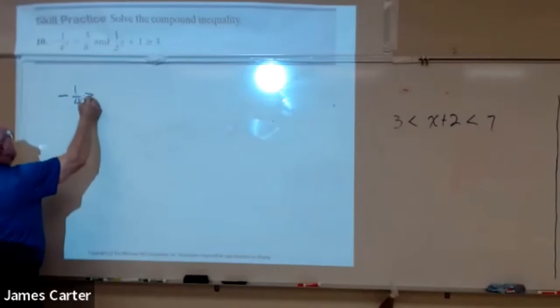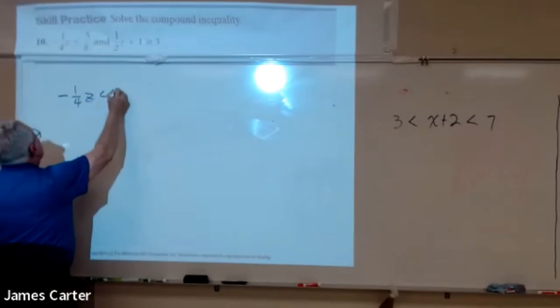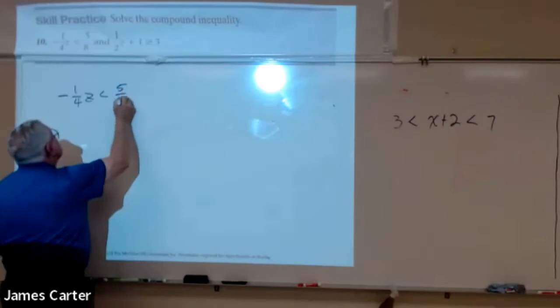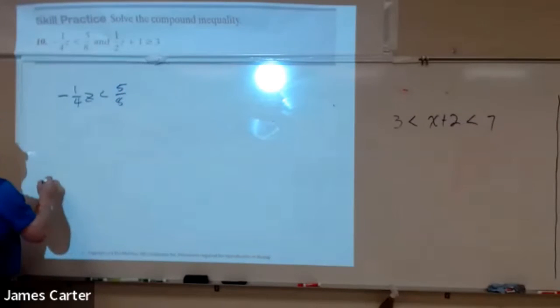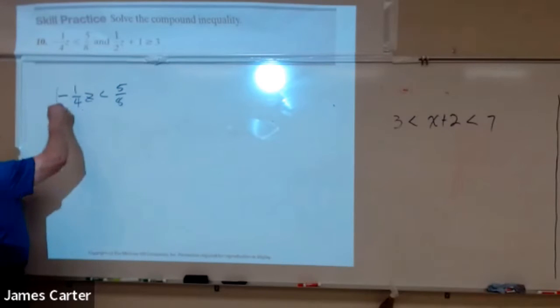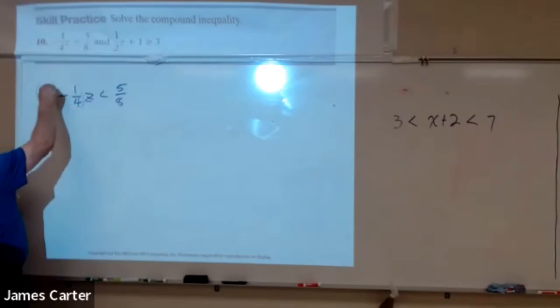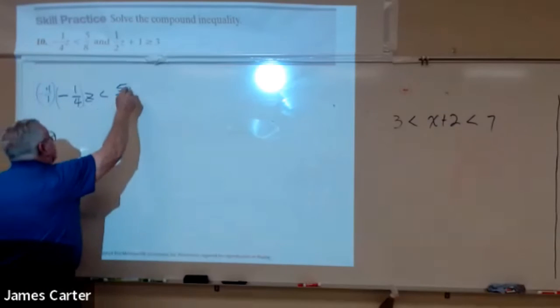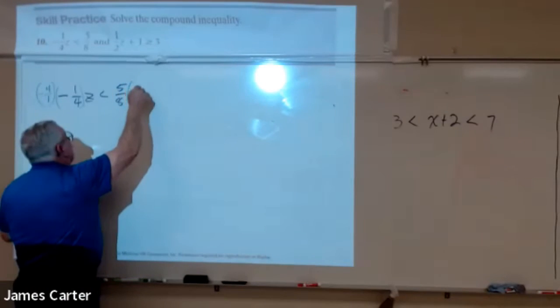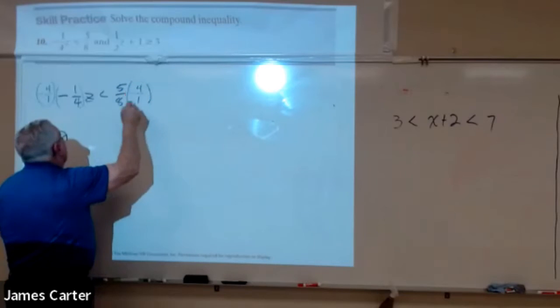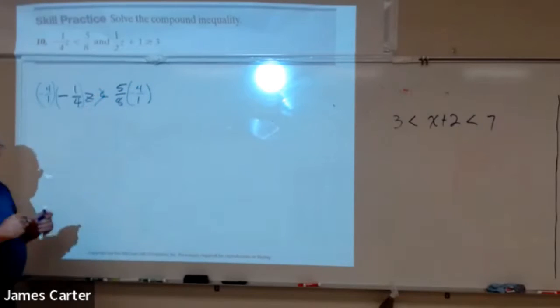-1/4 z less than 5/8. Okay, so what am I going to do? I'm going to take this times -4 over 1. This times -4 over 1. And I'm going to flip the symbol.